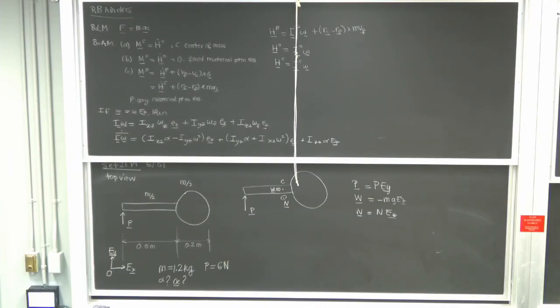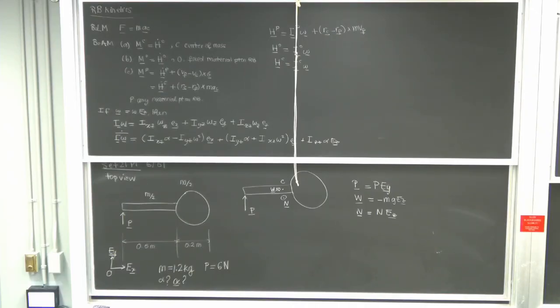We want to calculate alpha, the angular acceleration of the rigid body. We're going to use the balance law, right? Which one? Balance of angular momentum about the center of mass.